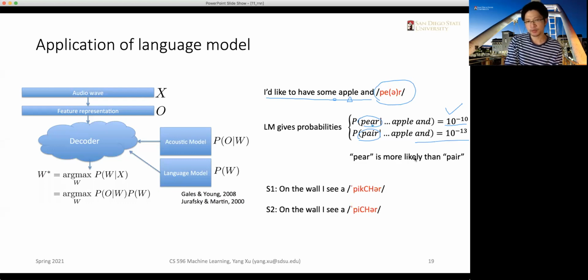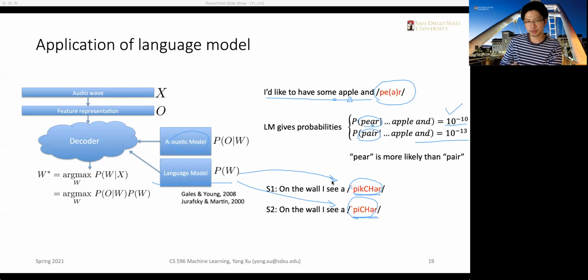And going back to the example we have seen, it's the difference between on the wall I see a picture and on the wall I see a picture, right? Because with a pure acoustic model, given those two similar sounds, sometimes it's not easy to distinguish between the two, right? So the language model can provide some additional information other than the pure acoustic information.